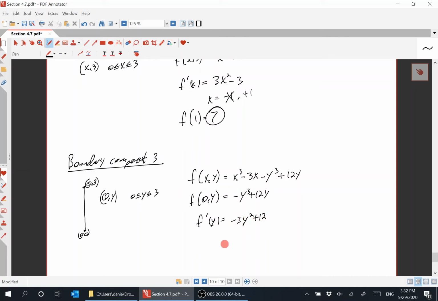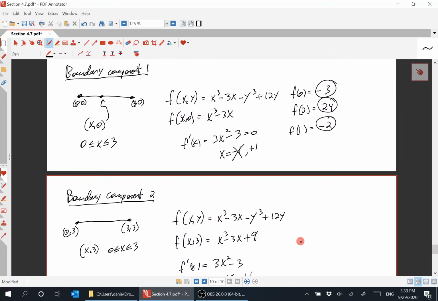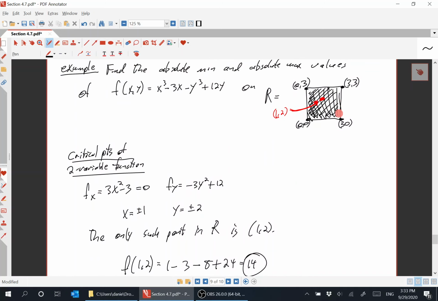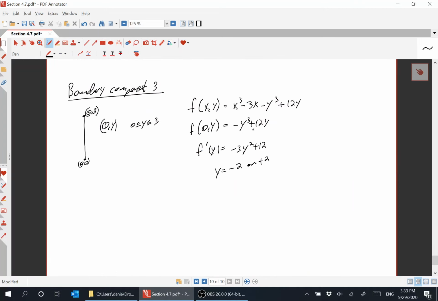So this gives me y equal to plus or minus 2. Of course, we can't use the minus 2 because that's not in our domain for y. Y should be between 0 and 3.